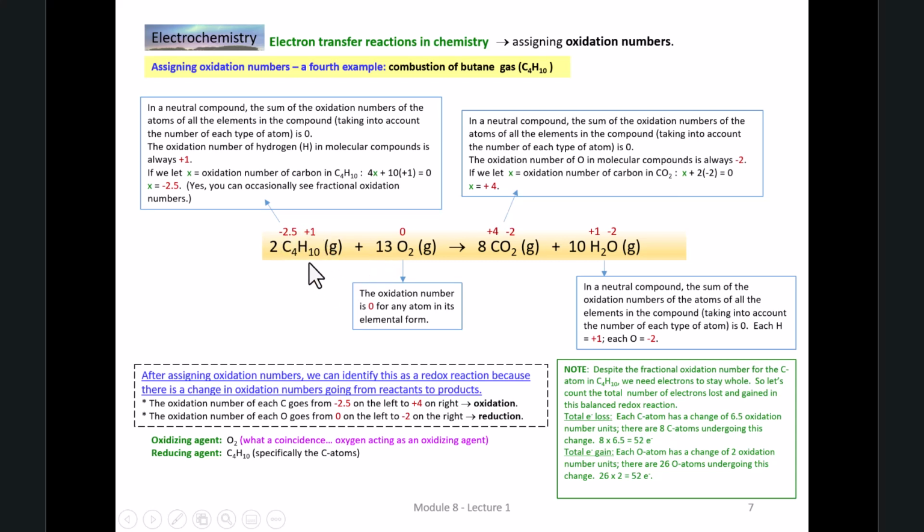So in the end, we do have whole numbers of electrons being transferred. And the total number of electrons lost equals the total gain, which should be true in a balanced redox reaction. In the next lecture, we're going to review how we might actually balance a redox reaction. So we won't just be given balanced redox reactions, we'll talk about how to balance them.